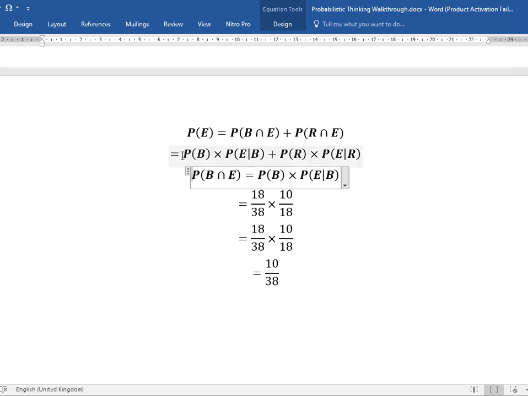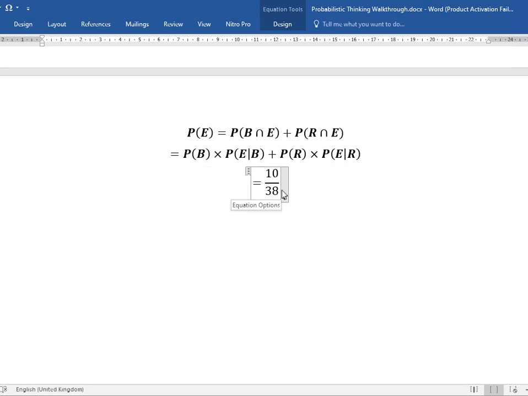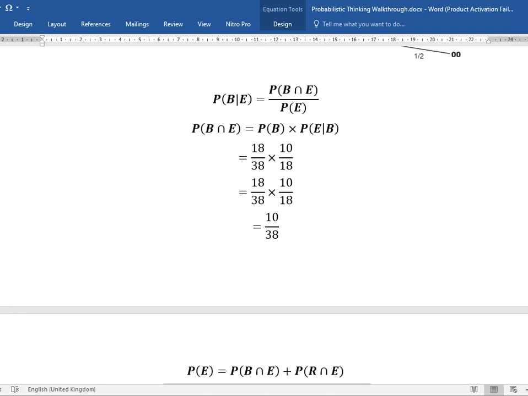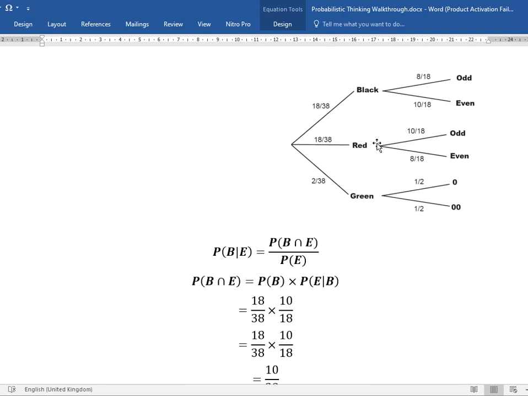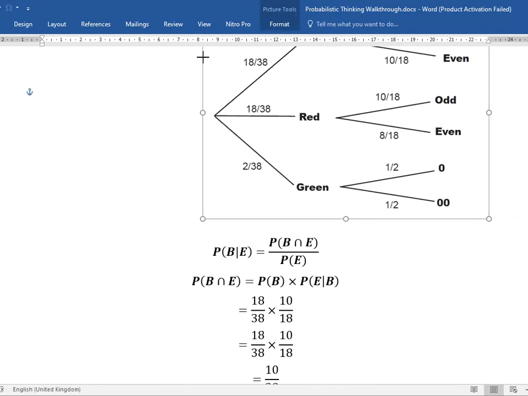Now we already know that probability of B times this is 10/38. Okay, so we can just remove this. So this whole thing here is 10/38. What about this? Probability of R times probability of E given R. So let's come back here to the probability tree diagram.